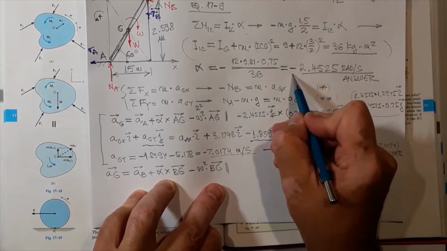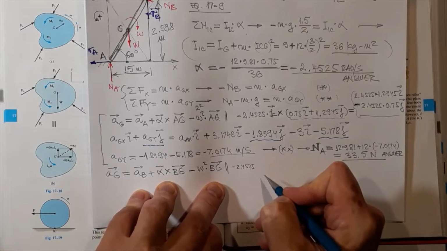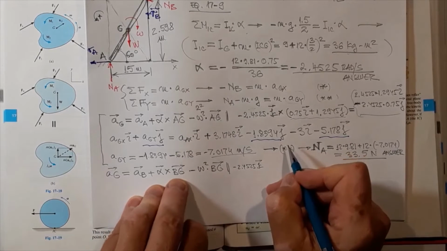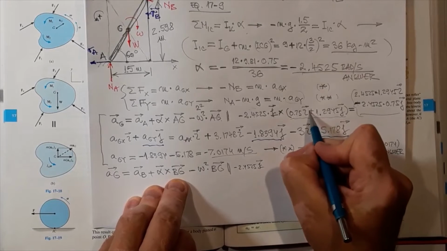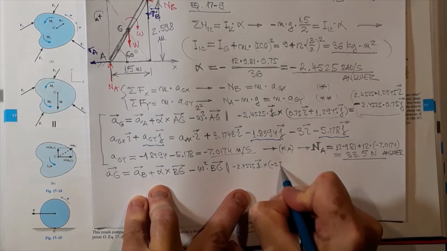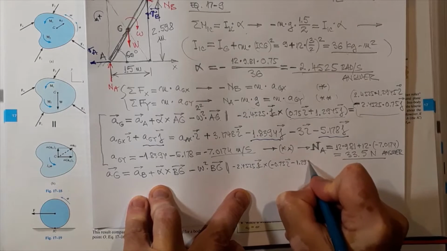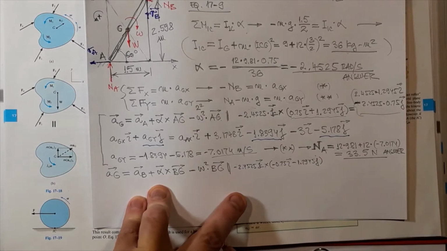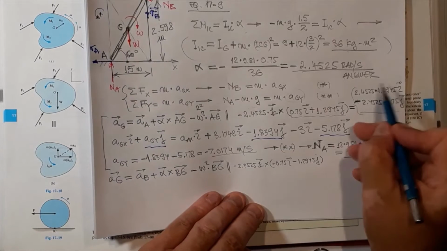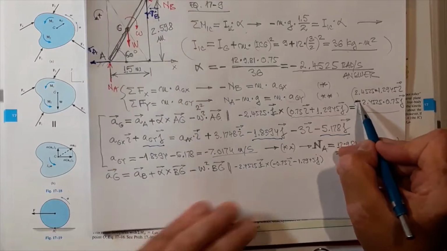So alpha is negative 2.4525 times k, and BG has the same projections, the same magnitude, but both are negative, so it will be crossed with negative 0.75 i and negative 1.2945 j. Okay, so there will be the same results, it's just that the signs will be flipped.